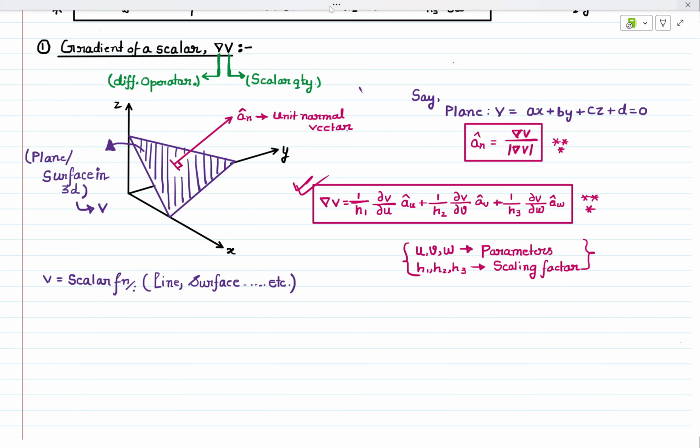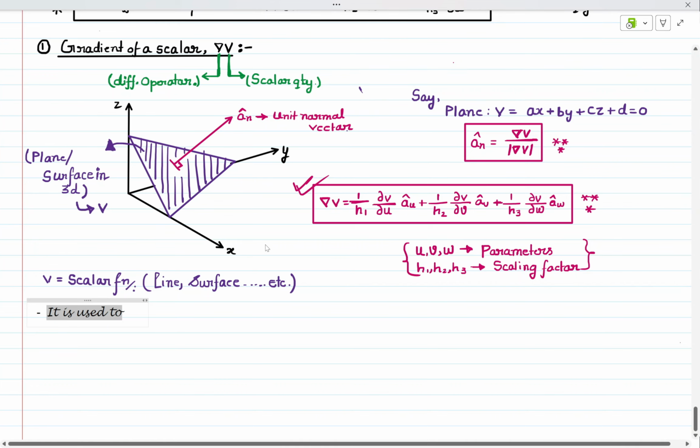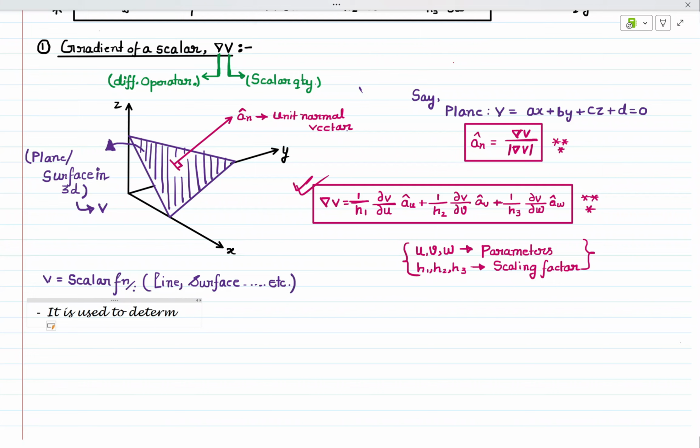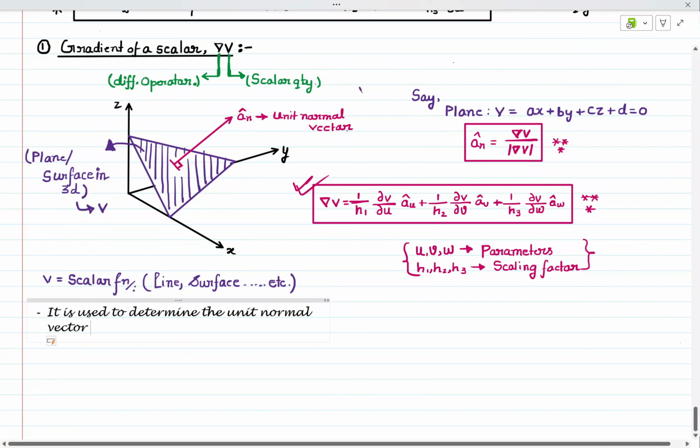It is used to find or determine the unit normal vector to any scalar function.